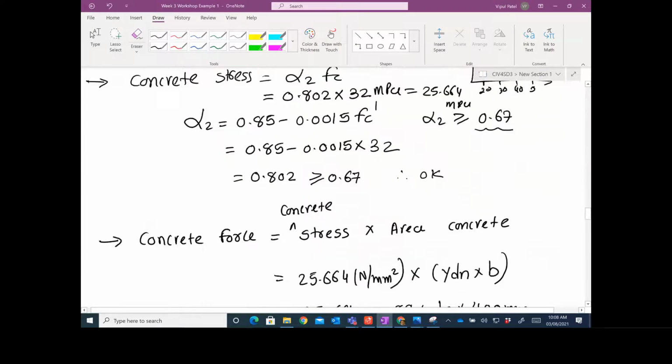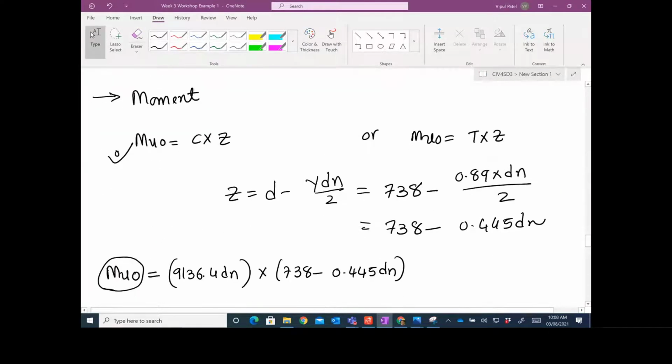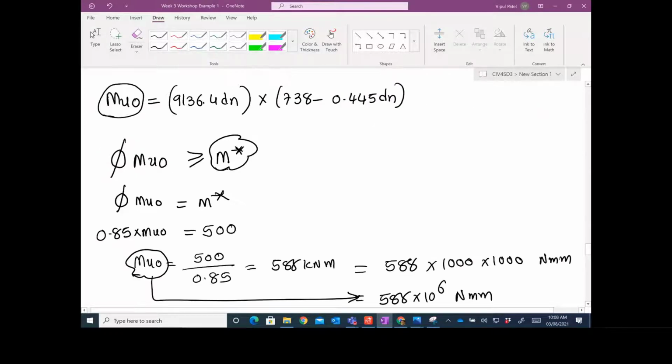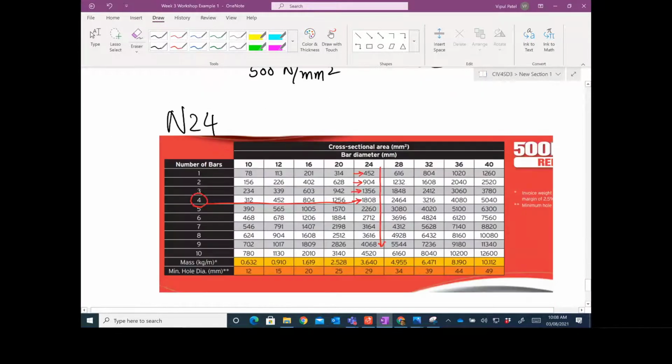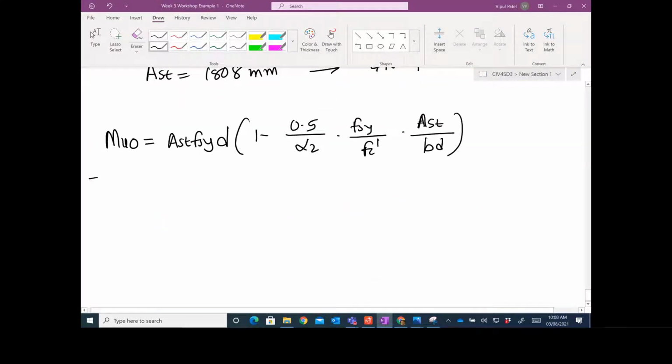MUO we calculated M star, I think somewhere here. We calculated MUO, I think 588 times 10 raised to 6. So we can use that in the ready equation. 588 times 10 raised to 6. AST we need to find.